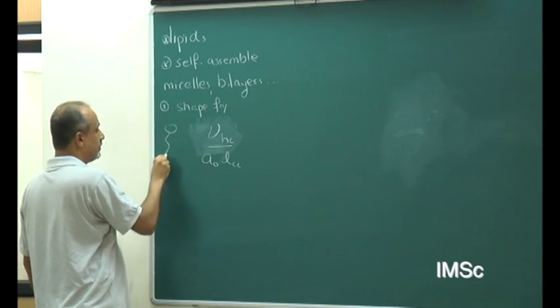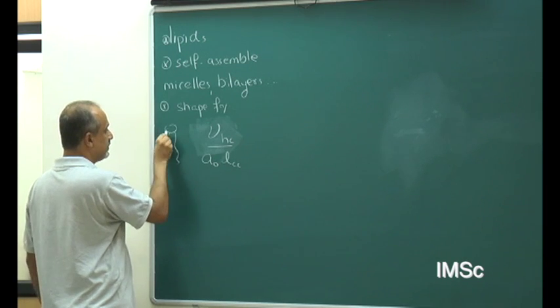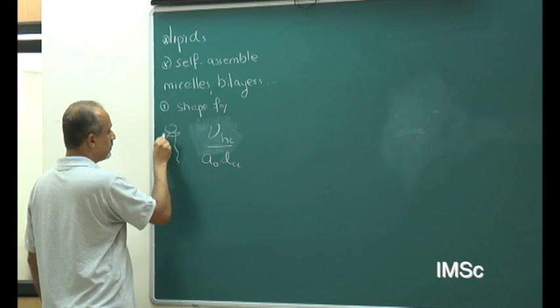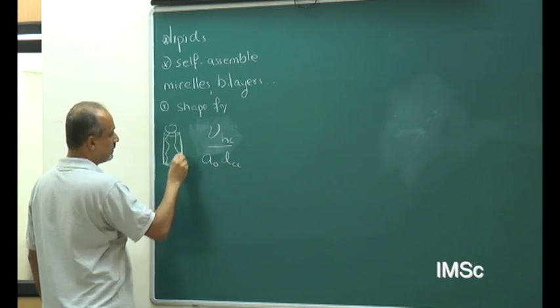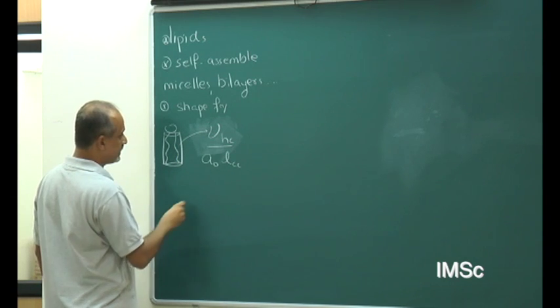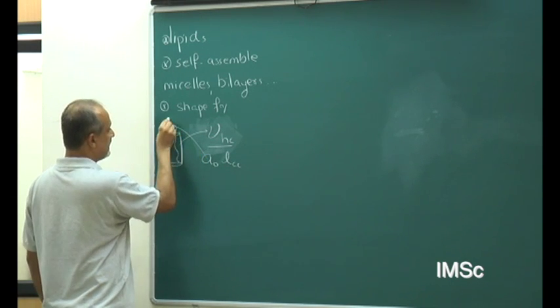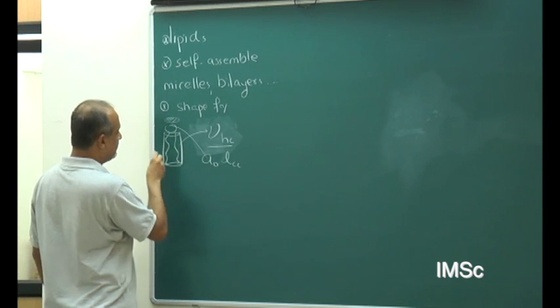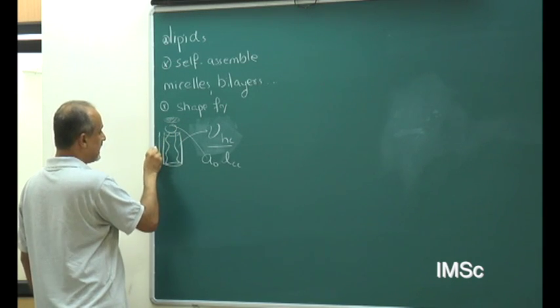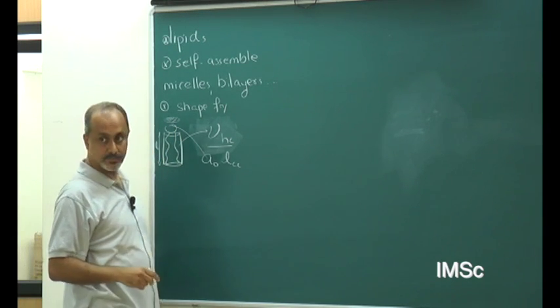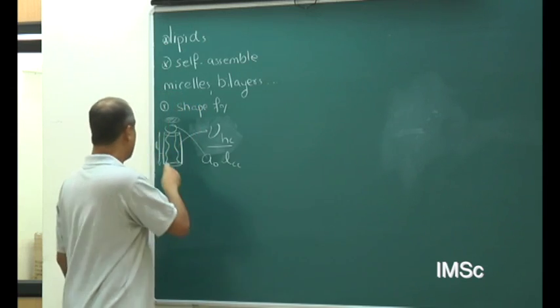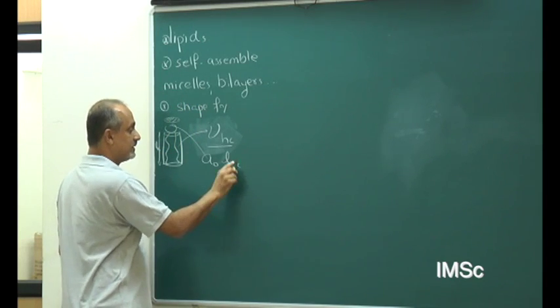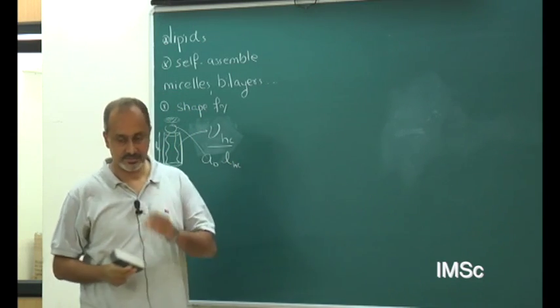Here we're looking at molecules that look a little bit like this. So nu Hc measures the volume of these chains, A naught measures the area of the head group here, and L Hc measures the height of the hydrocarbon chains.